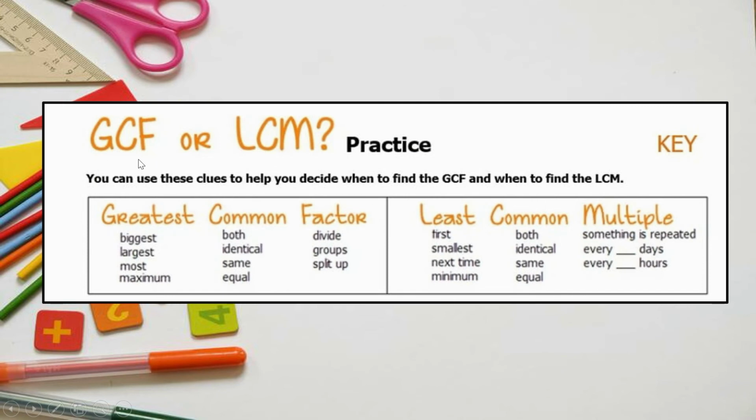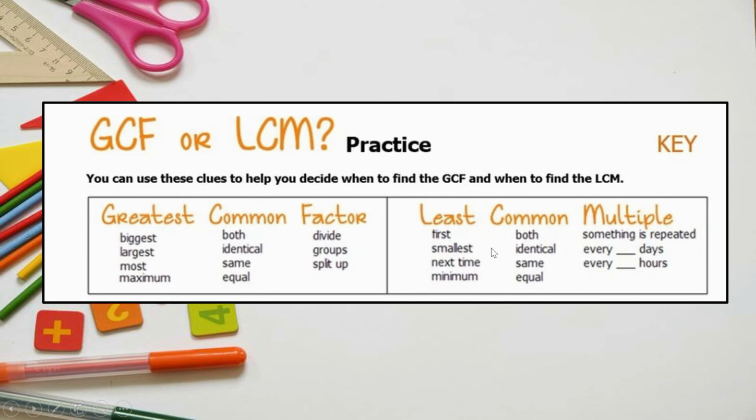So these are the word clues that you can see in a word problem to find the GCF or LCM. For the greatest common factor, we have biggest, largest, most, maximum, both, identical, same, equal, divide, groups, split up. So when you see these words in the word problem, it means you will get the GCF.